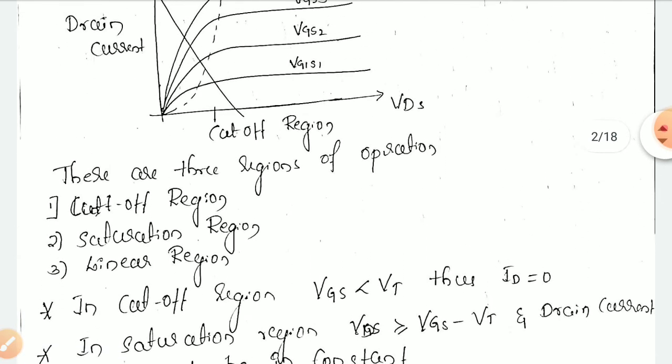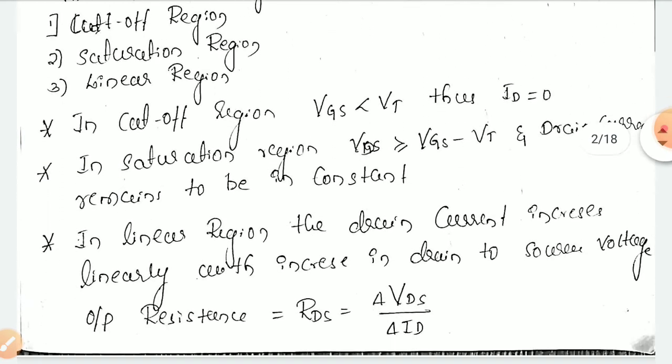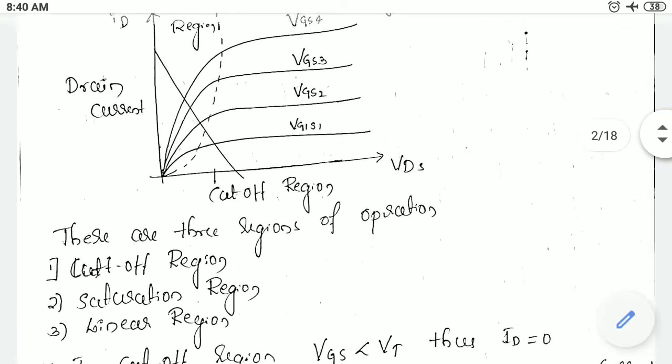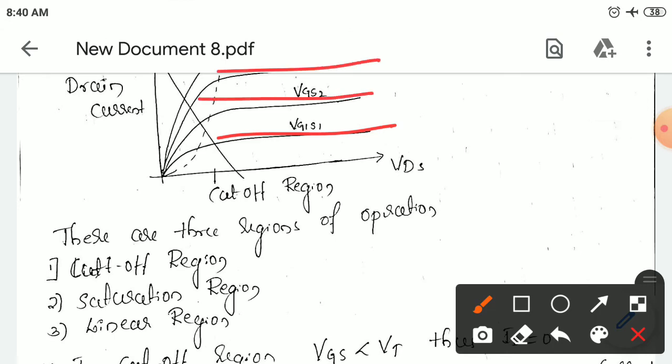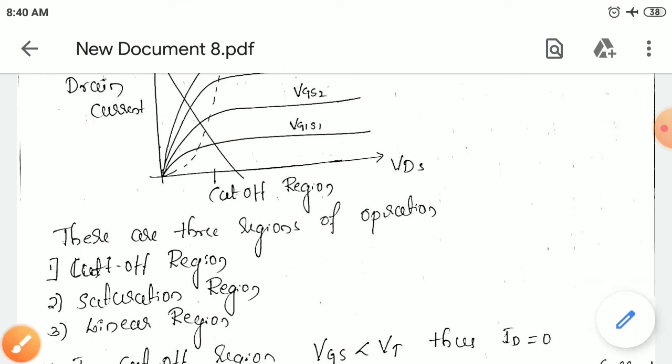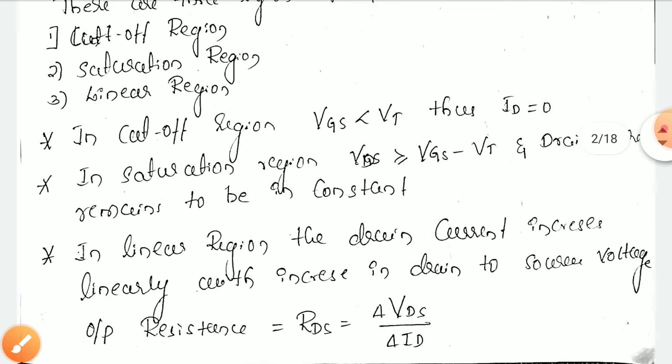In the saturation region, VDS is greater than or equal to VGS minus VT, and the drain current remains constant. In the linear region, the drain current increases linearly with an increase in the drain source voltage.